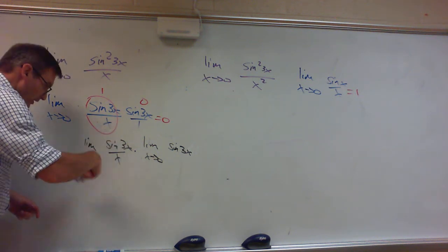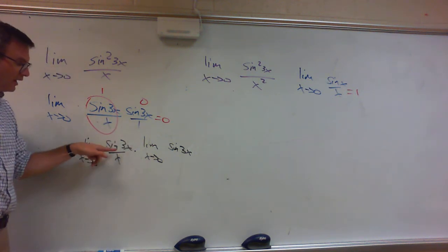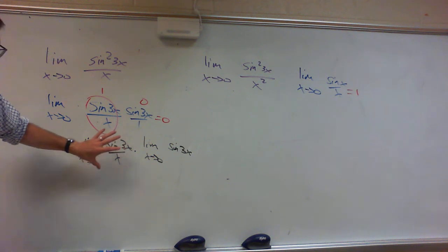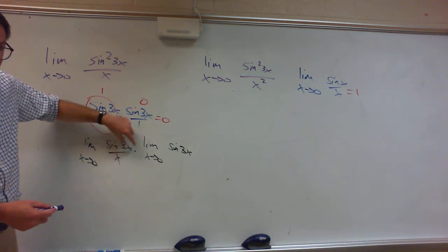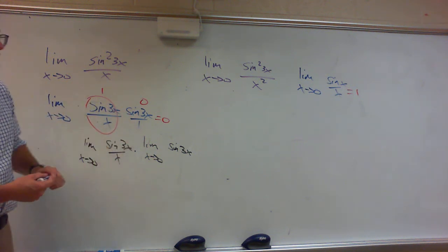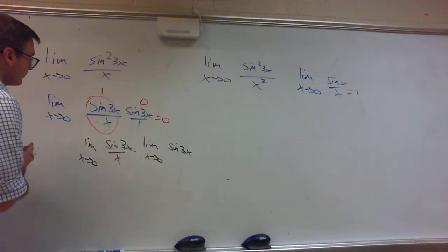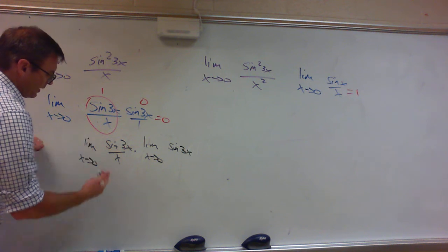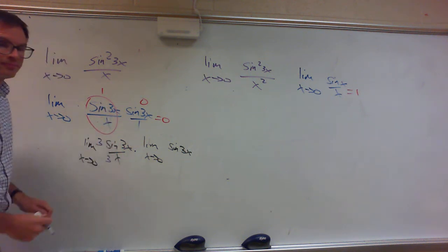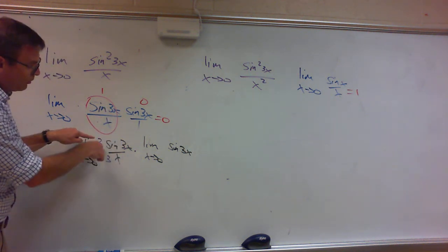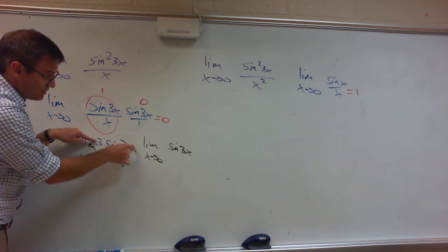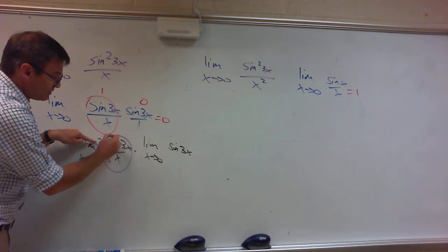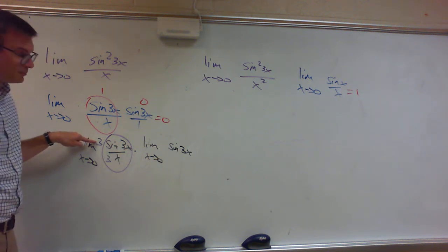Now, let's approach this. If I want to figure this out, I need the stuff on top and the stuff on the bottom to be exactly the same. So I need to multiply top and bottom by 3. Now when I look at this, sine of stuff, my stuff matches up, so this is now a big fat 1.